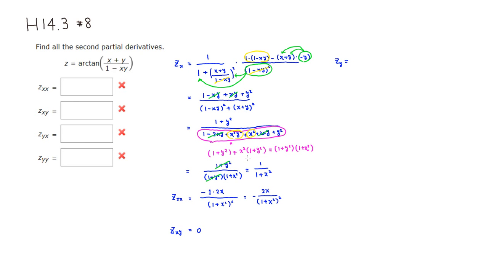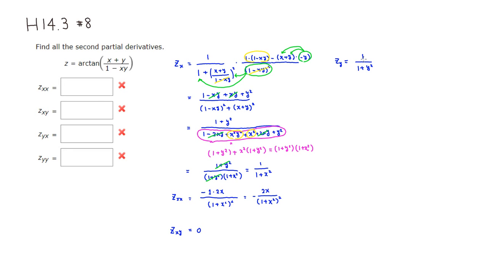So you just have to write down the symmetric answer. You can go through exactly the same steps, and we get 1 over 1 plus y squared. So you just have to switch x and y.